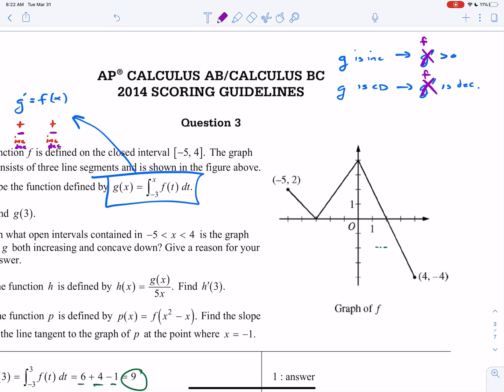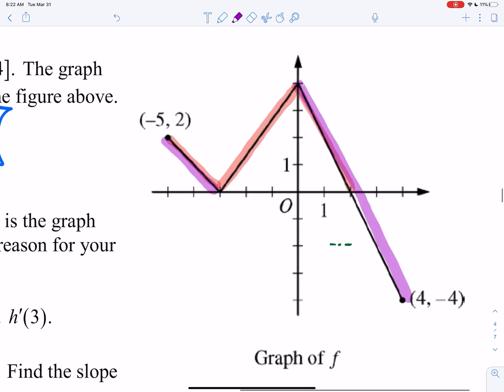So this is basically the same thing as saying f is positive and f is decreasing. So where is f positive or greater than 0? Pretty much wherever f is above the x-axis. So pretty much wherever I'm highlighting in red here. Okay, now where is f decreasing? f is decreasing from here all the way down here. Now where do they both overlap? It's looking like we're starting at negative 5 and we're going all the way to about negative 3.